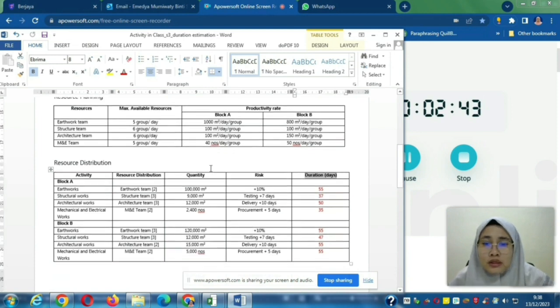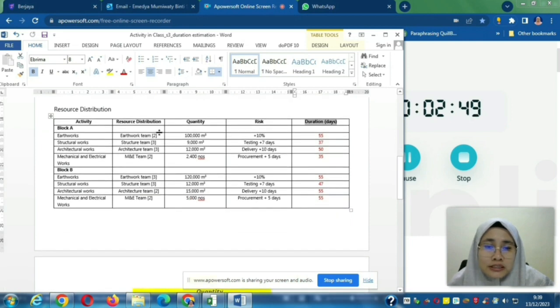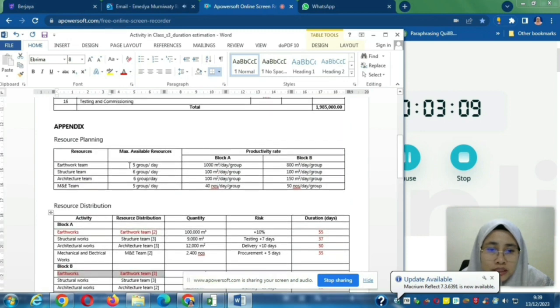Now, on the next table, the resource distribution, it has been assigned how many groups are going to do the task for block A and for block B. For example, for earthwork, we can see from the table that there will be 5 groups that can work in a day at the same time.